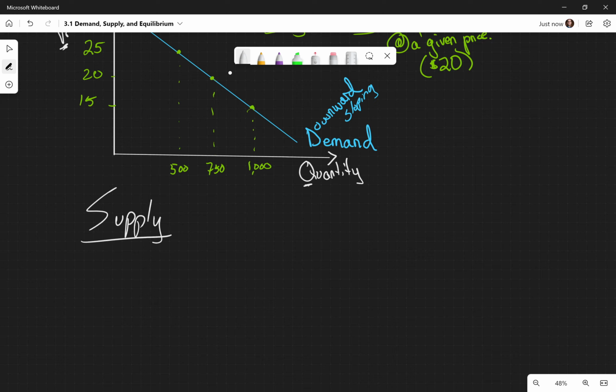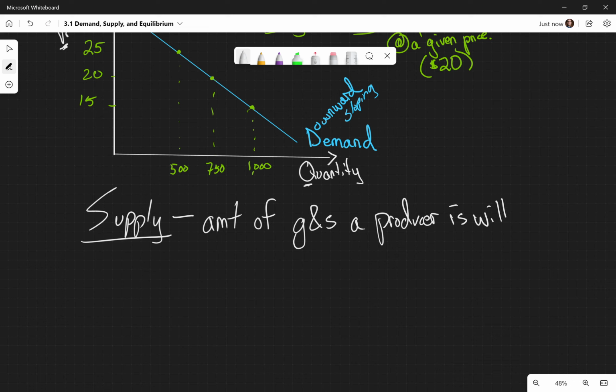So supply is similar to demand, but it's the flip side. Instead of being on the consumer side, we are now on the producer side. So this is the amount of some good or service that a producer is willing to supply at each price.